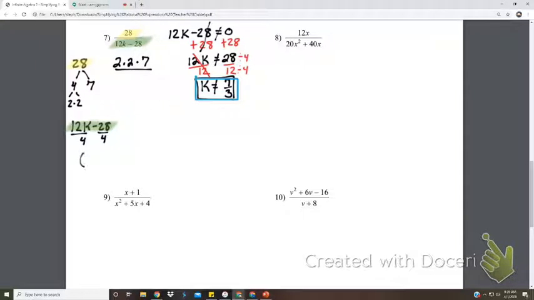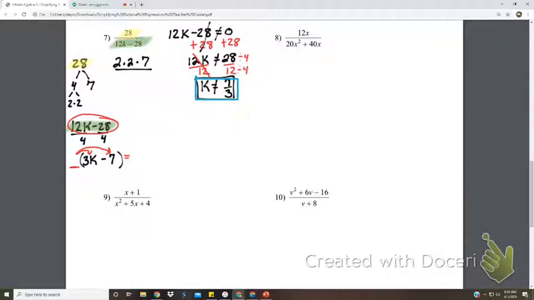And if we divided 12k and negative 28 by 4, 12k divided by 4 would be 3k, negative 28 divided by 4 would be negative 7. And remember, when we factor, we need to think about what would have to be placed in front that could distribute into the parentheses and give us 12k minus 28 as an answer.